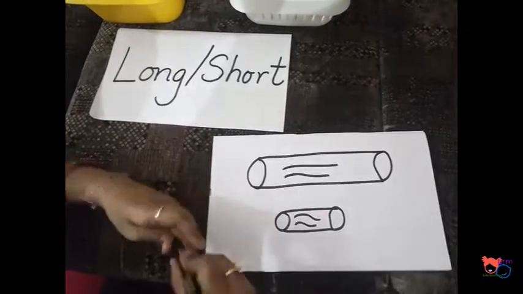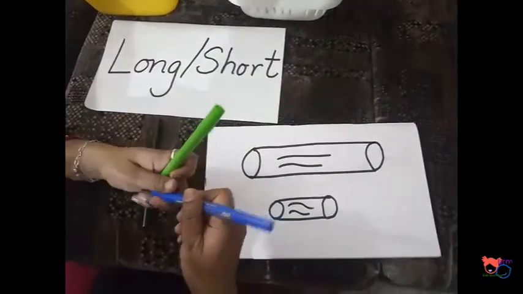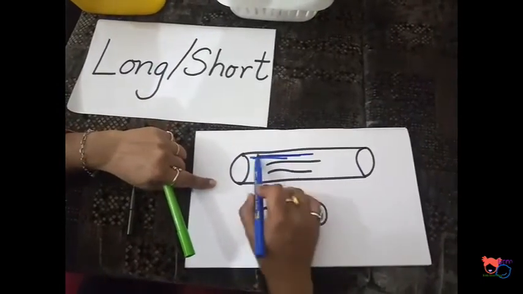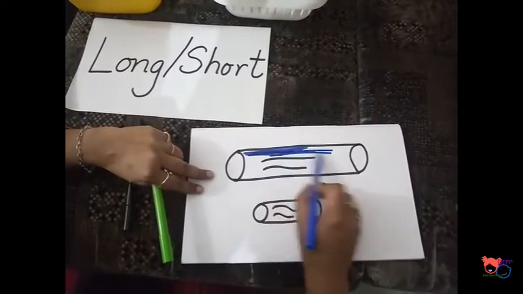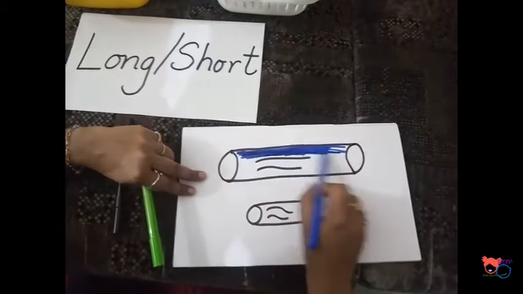And you have to color the long log with blue color. See, this is blue color. You all must be having crayons at home, children. So color this log blue.